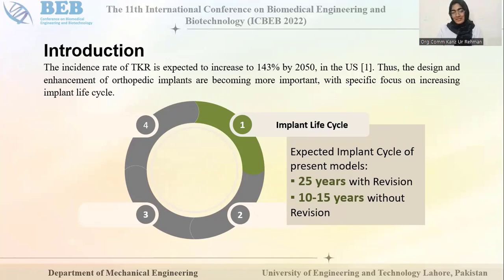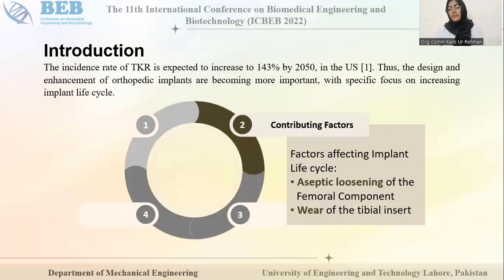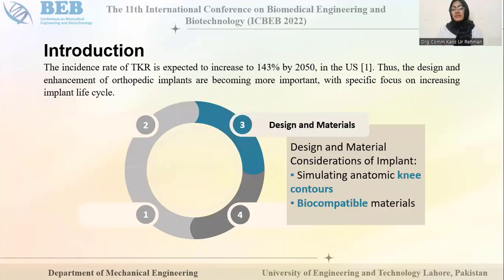The life expectancy of a standard total knee replacement design is 25 years with a revision and 10 to 15 years without revision. The contributing factors towards its life cycle are aseptic loosening and the wear of the tibial insert.